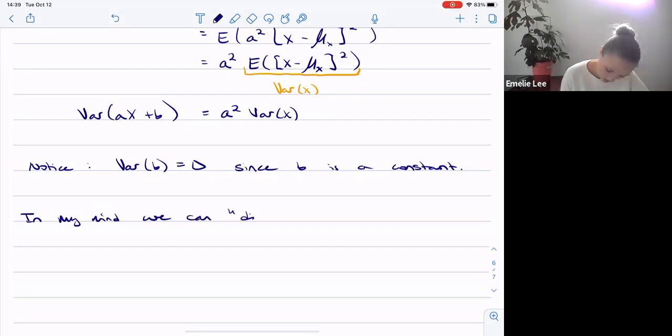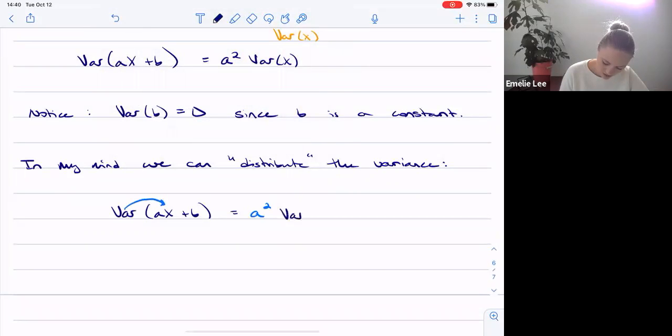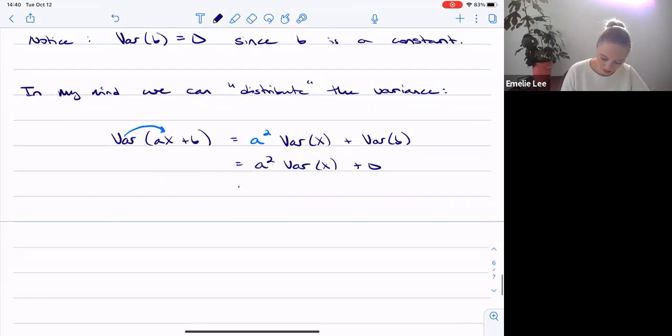The variance of ax plus b is going to be, so this a squared gets bumped outside, right? And so here this variance is attaching itself to this x. So a squared times the variance of x plus the variance of b, which is a squared times the variance of x plus 0, because the variance of a constant is 0. So that's how I get a squared times the variance of x.